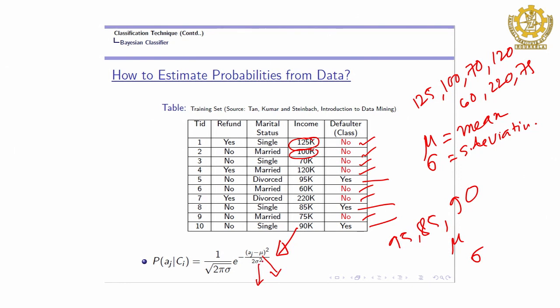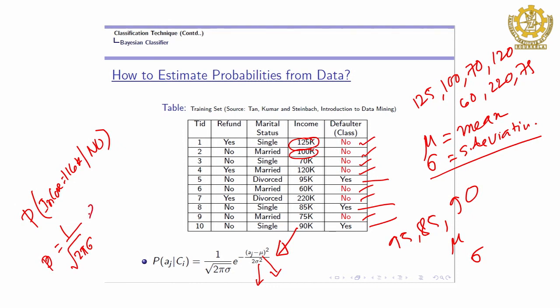Okay, how do you put this value? I have to compute the probability of income 116k when the class is no. The probability of this value is equal to 1 by root over 2 pi sigma, where sigma is the standard deviation, into e to the power minus (a_j minus mu) whole square divided by 2 sigma square.